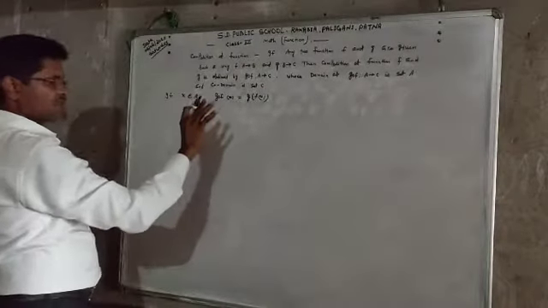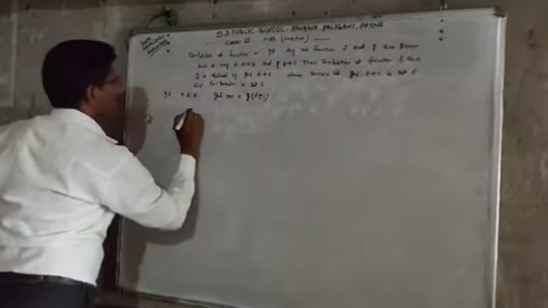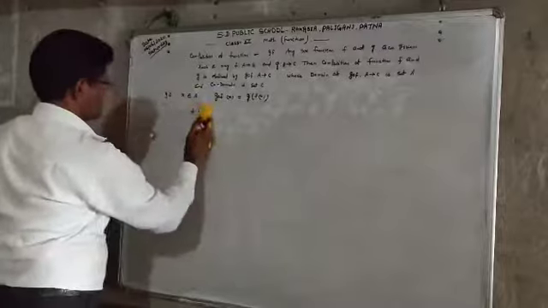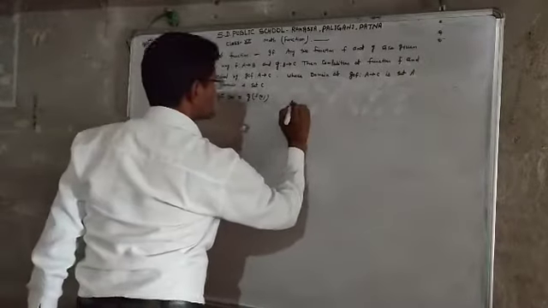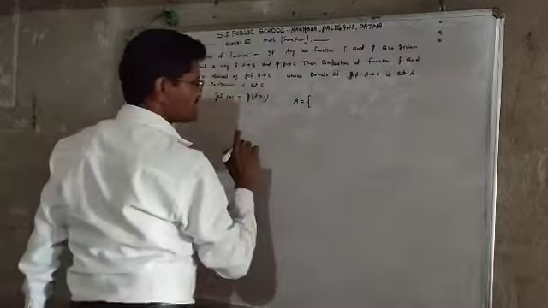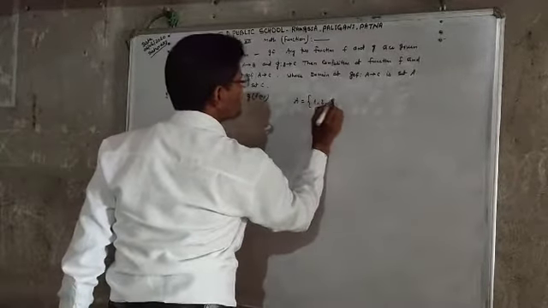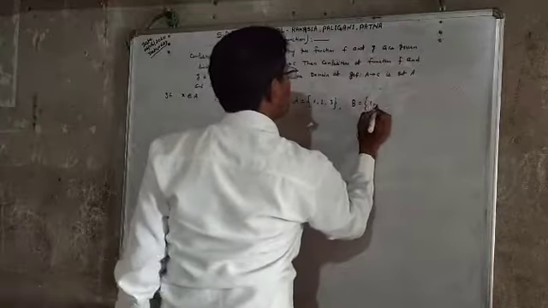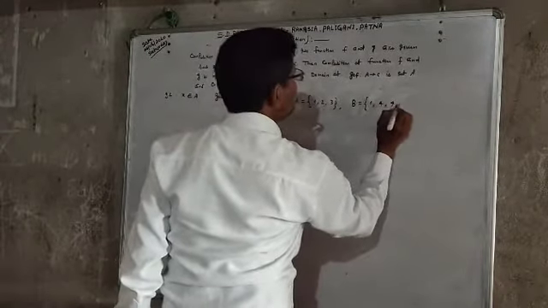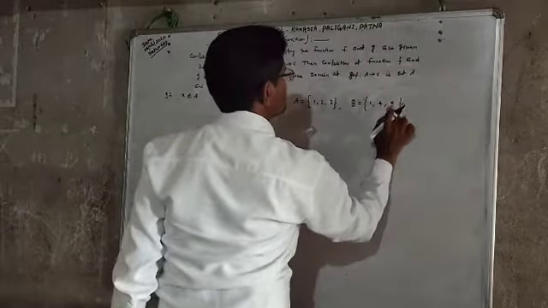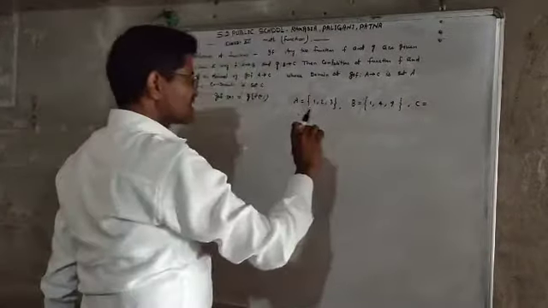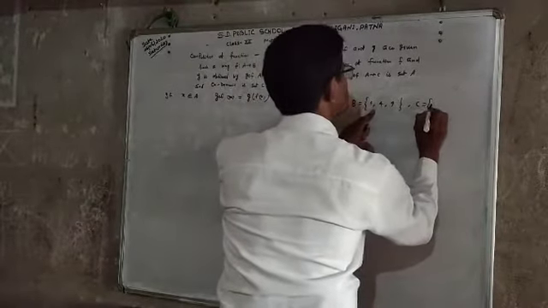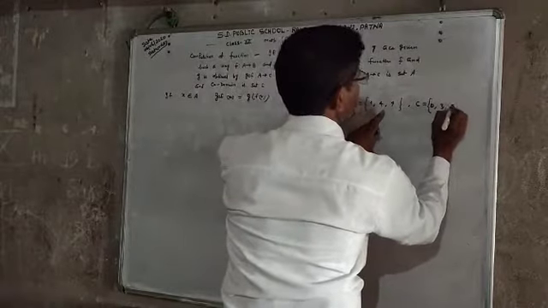Let us see an example. Suppose three sets are given. Set A is 1, 2 and 3. Set B is 1, 4 and 9. And C is also a set, given as 0, 3 and 8.